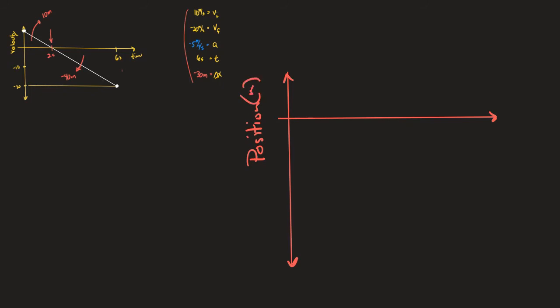Put my units in, put my labels in, and of course, 6 seconds, 2 seconds. The object has to go up to 10, so my units are going to be about that size. So 10, 20, 30.